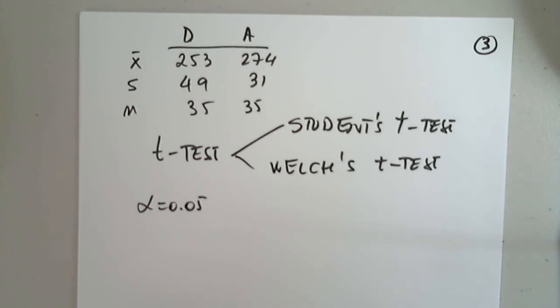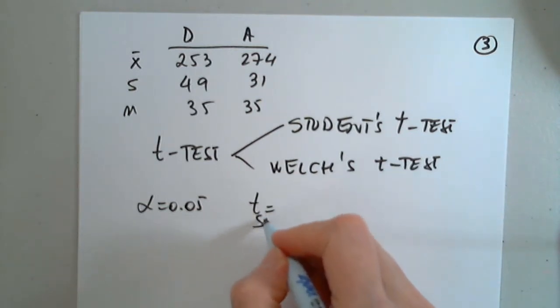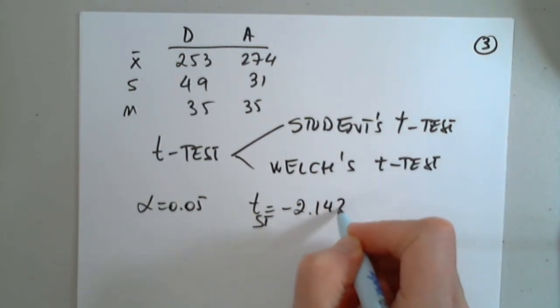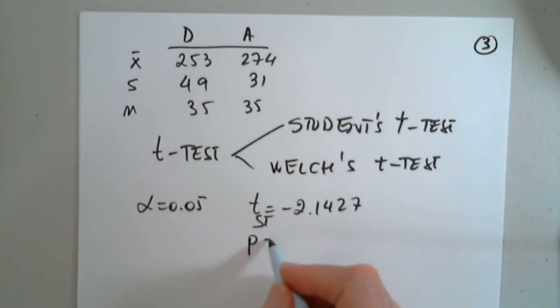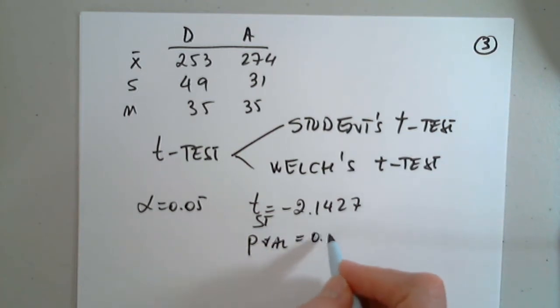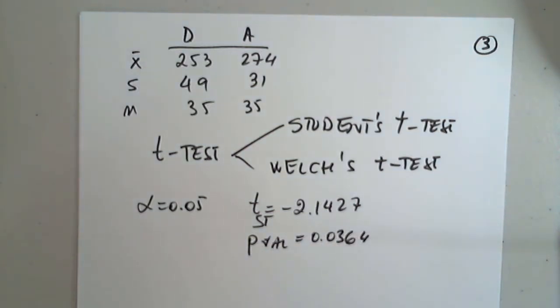A tiny p-value. Aha. So the t-statistic is negative 2.1427, and the p-value is 0.0364. Now you know that the p-value is the sum of these two shaded regions, right?